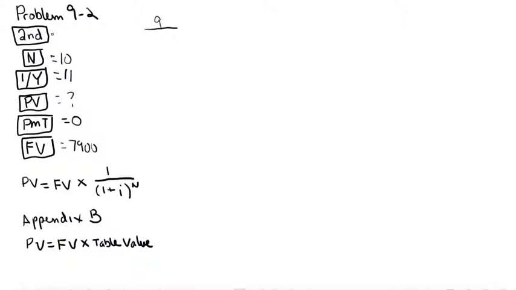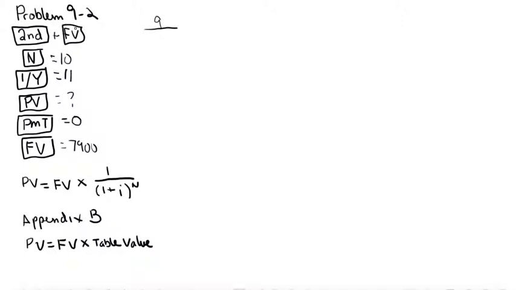So let's go ahead and get our calculators out. First thing I always do, I'll turn on my calculator using the on-off button, and I'll clear anything that's in there. So I'll push the CE/C button, clear. And then what I need to do is press the second button, and the FV button immediately after that.